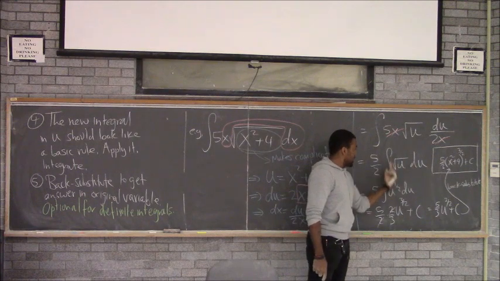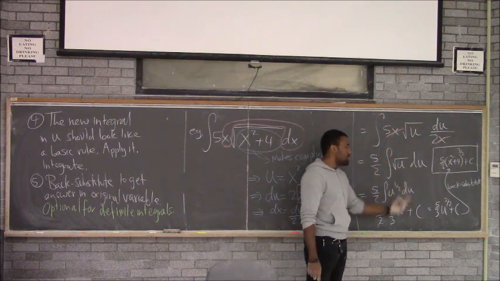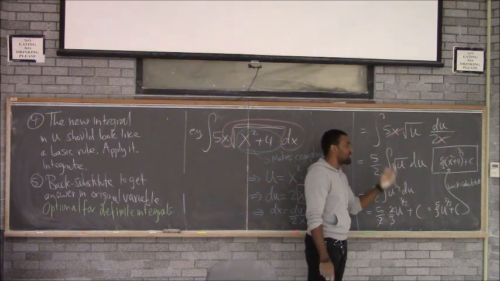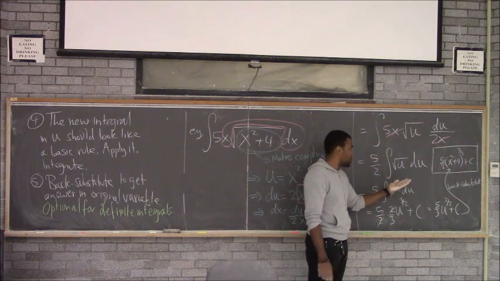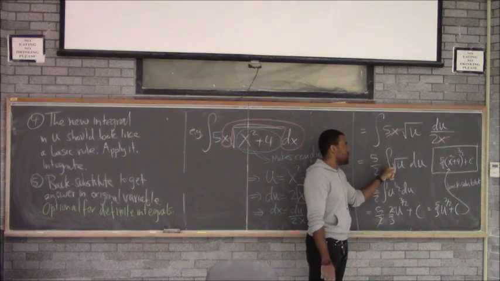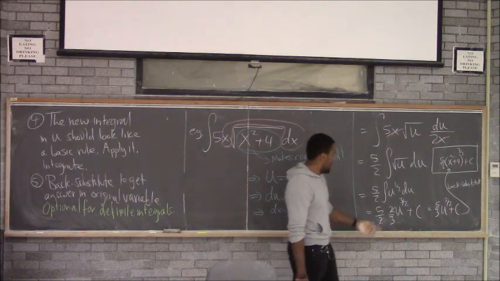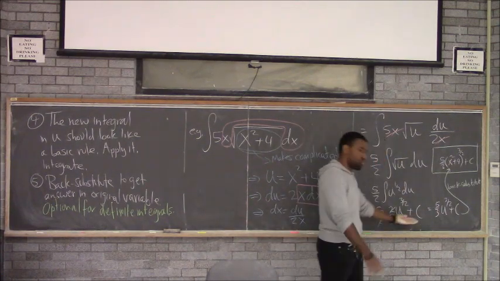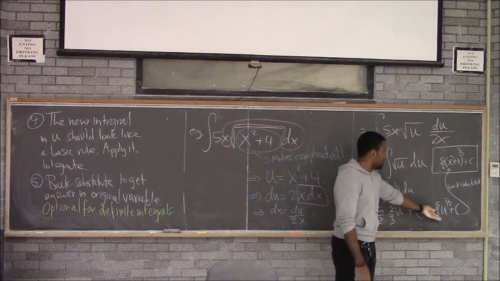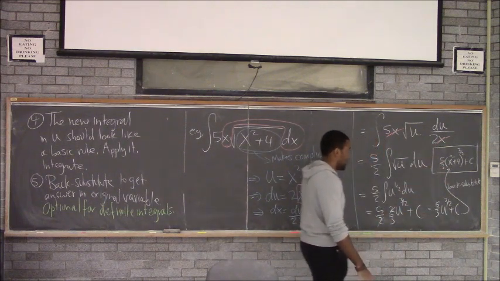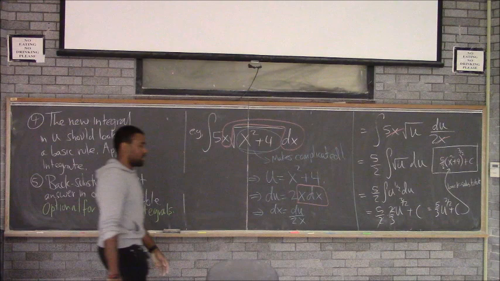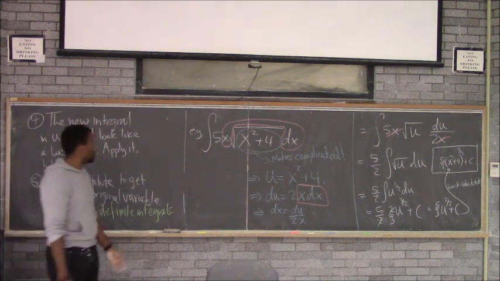It should give you an integral that is now easier. Easier in what sense? There's a basic rule that fits this situation, or I can now use algebra to get a basic rule that fits that situation. And then just apply the rule. You'll get an answer in u, swap it back. This is called integration by substitution.